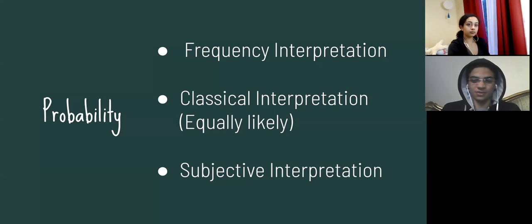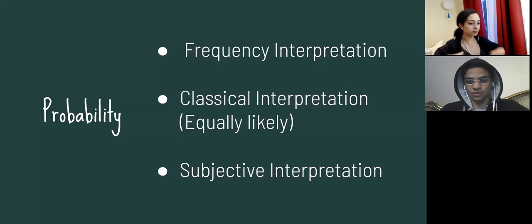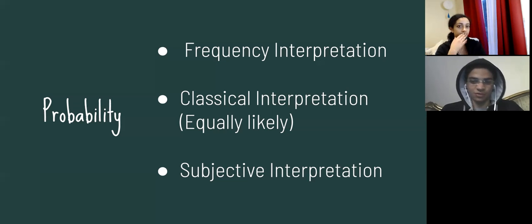First, it does not specify how many iterations would count as enough, and it also does not specify what variance we allow. If I get one more head than tails, does this still count as a good approximation of the probability or not? None of this is specified in the frequency interpretation.